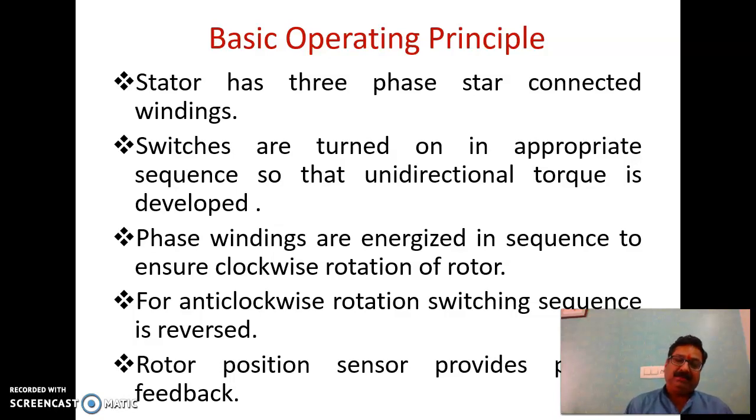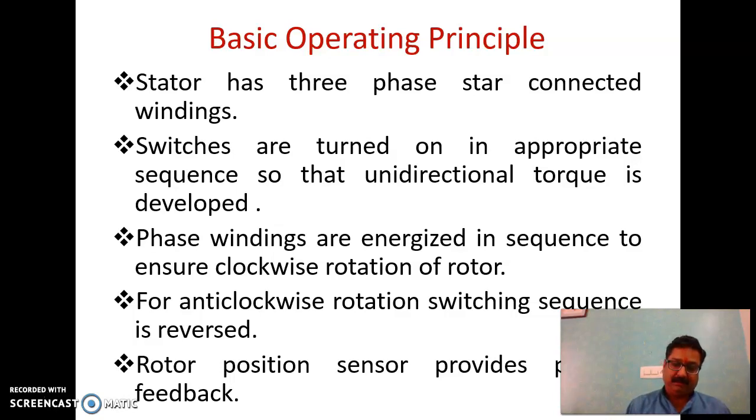The phase windings are energized in a particular sequence, which will determine whether the machine has to operate in clockwise direction or in anti-clockwise direction. Suppose we want to reverse the direction of the machine, the switching sequence has to be reversed. So if a particular sequence is giving clockwise direction, to obtain anti-clockwise direction, that sequence has to be reversed.